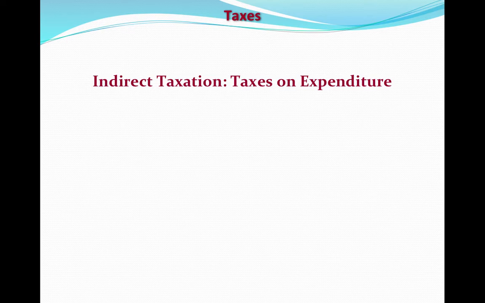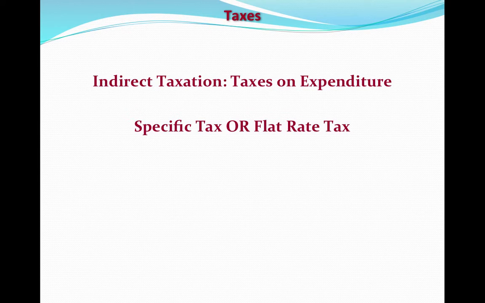When you spend money on goods and services, the government will place a tax on that, and the people that sell those goods and services give that money to the government. So that's the reason why it's indirect. The government takes money from companies that sell you things, so it's indirectly taking the money from you.